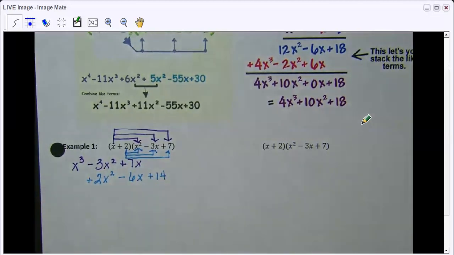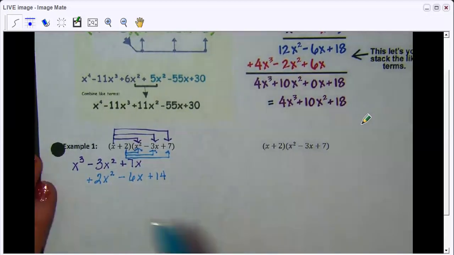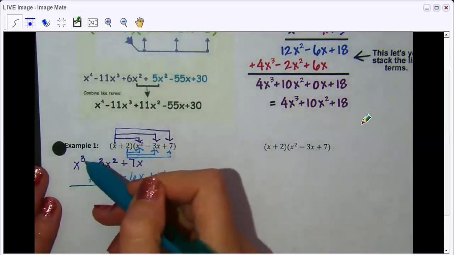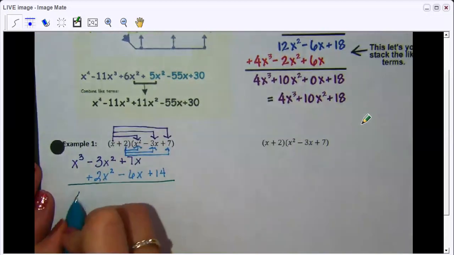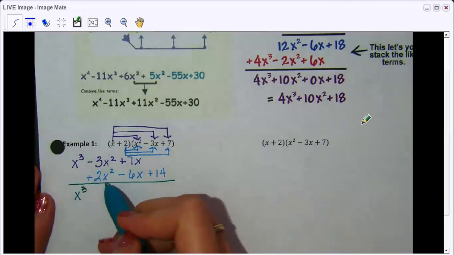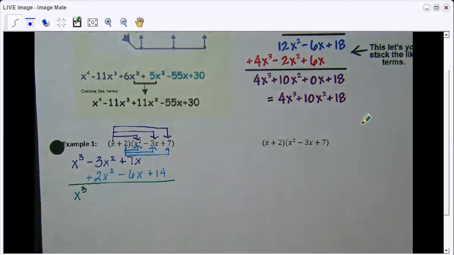Okay, so what I'm going to do here is add them up. So x cubed plus nothing is x cubed. Negative 3x squared plus 2x squared: I am able to combine those because they both have the same exact variable raised to the same exact exponent. That's the only reason.